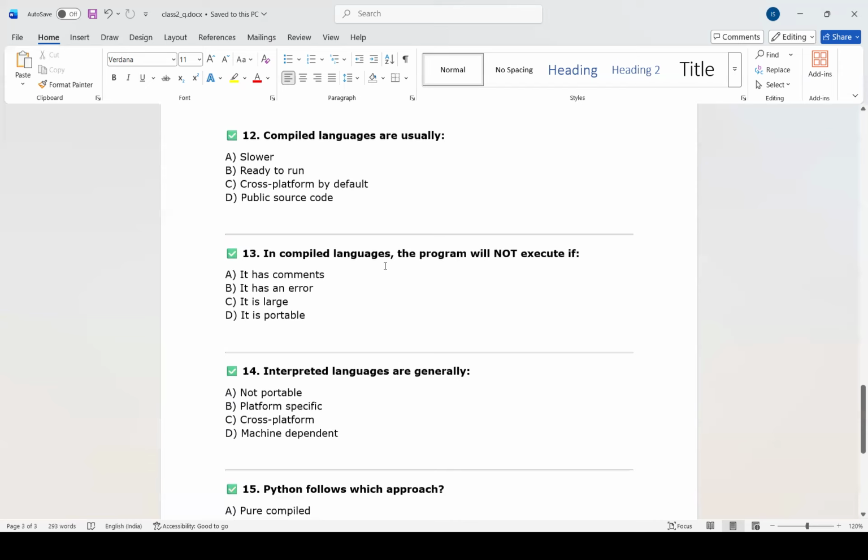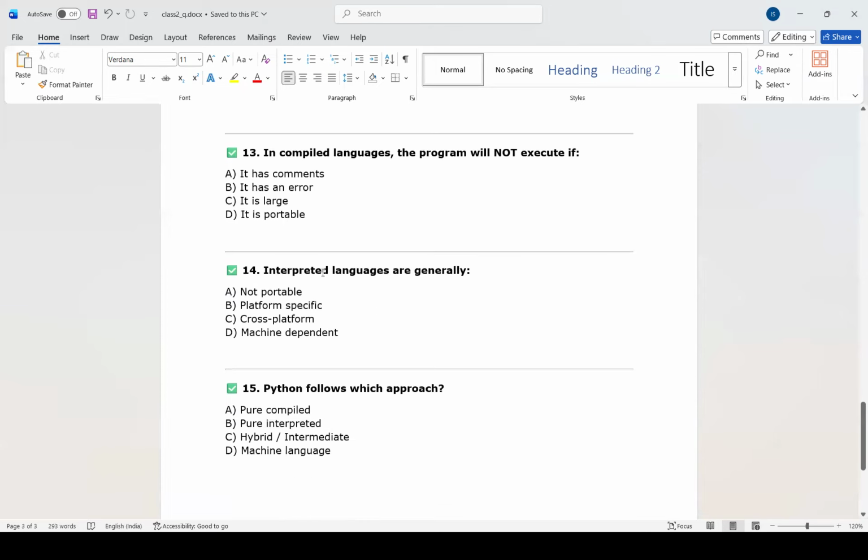In a compiled language, the program will not execute if it has an error. Correct. Interpreted languages are generally not portable, platform specific, cross platform, machine dependent. Which? We just discussed it. Interpreted language means we can run it on any machine, and that is called cross platform.